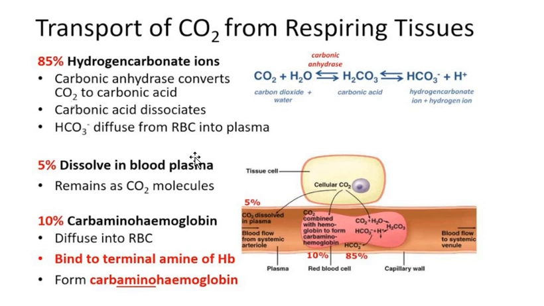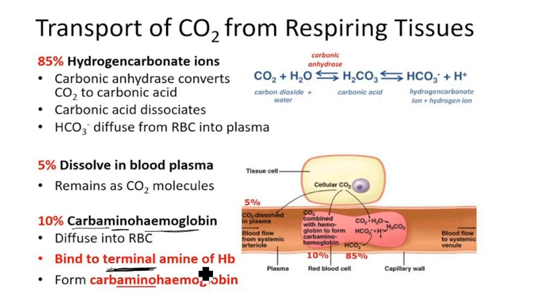Then the remaining 10% forms what we call carbamino hemoglobin. That is from the words carbon, amine group, and hem group. So this diffuses directly into the red blood cell. Now this binds to the terminal amine group. Terminal means the ending part of the amine group.